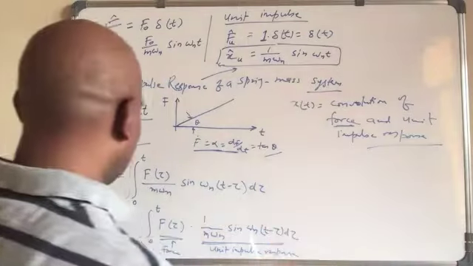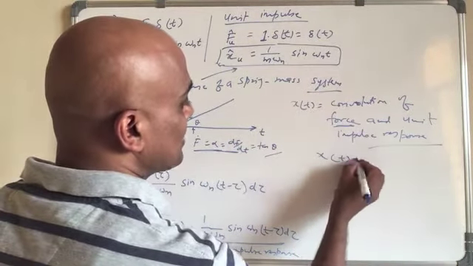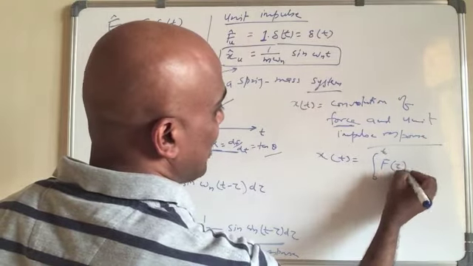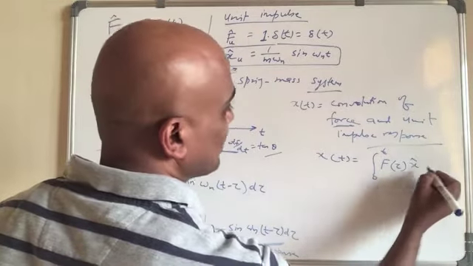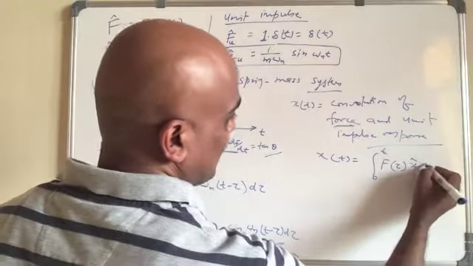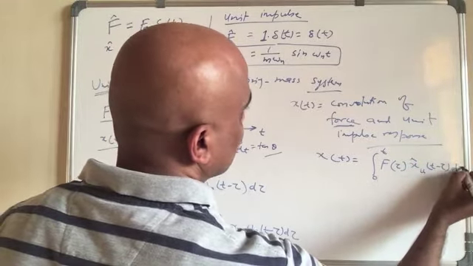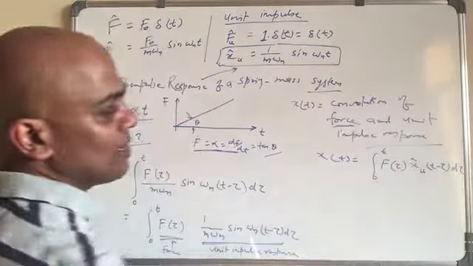That really means x(t) is equal to the integral from 0 to t of F(tau) times x hat u (t minus tau) d tau. That's what it tells you.